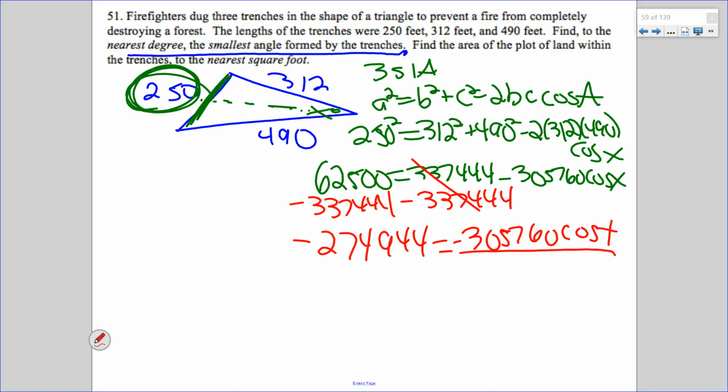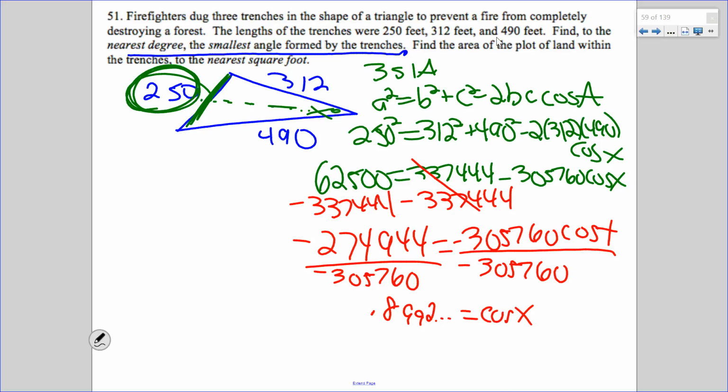Not isolated yet. Divide by negative 305,760. I'm getting a nasty decimal. I should get a nasty decimal because cosine x equals 0.8992.